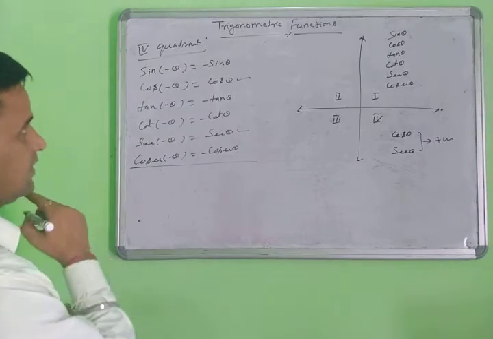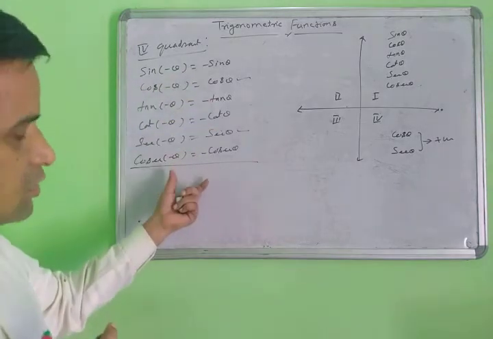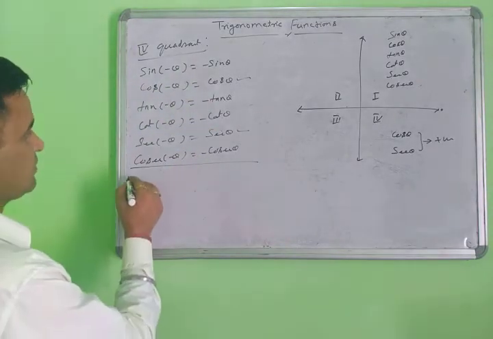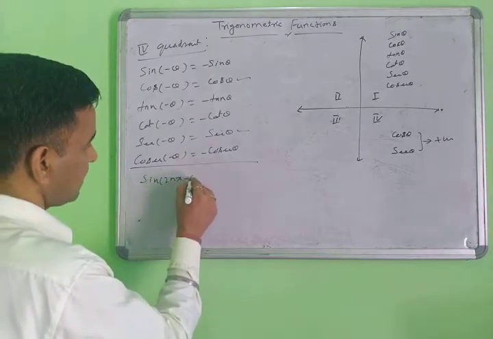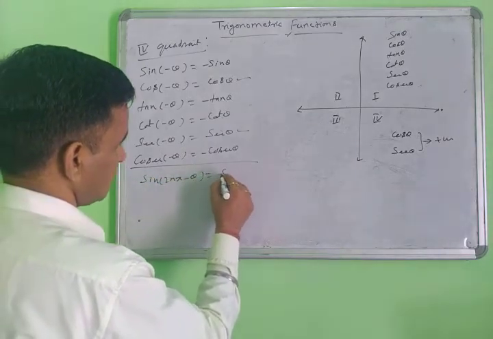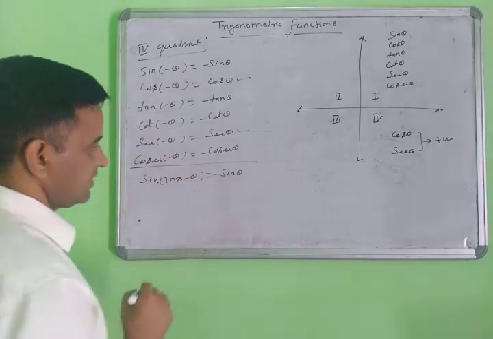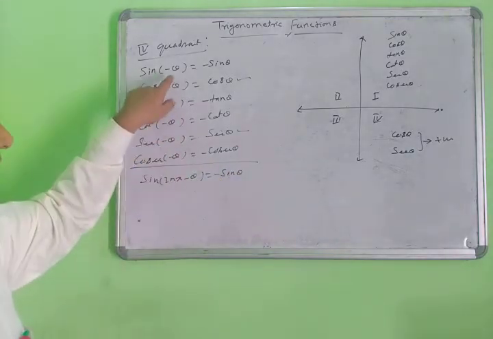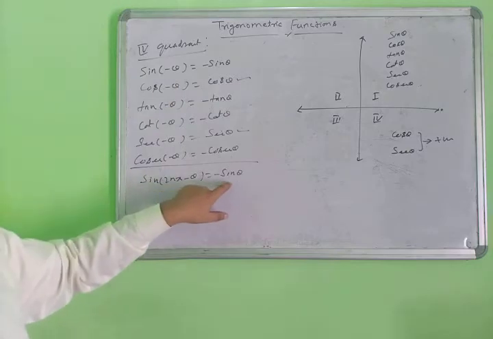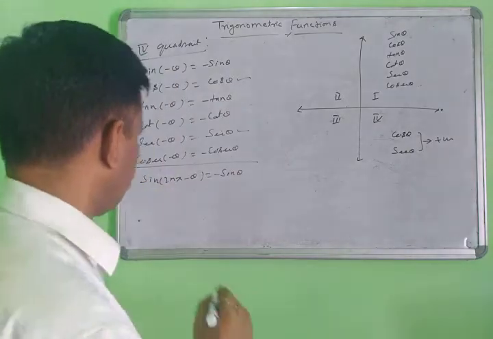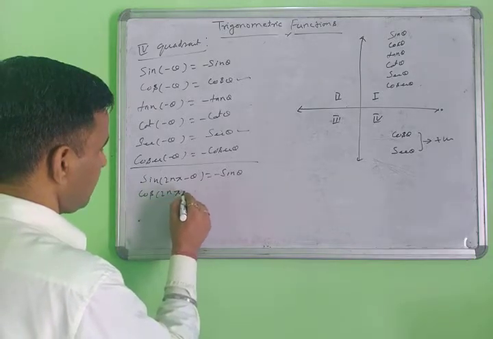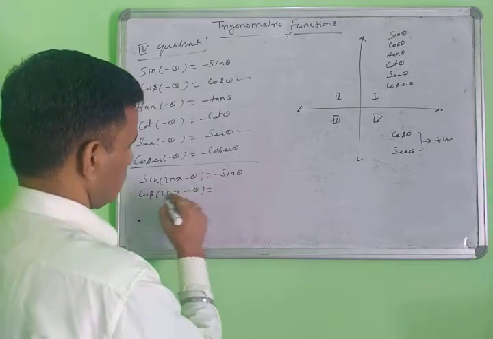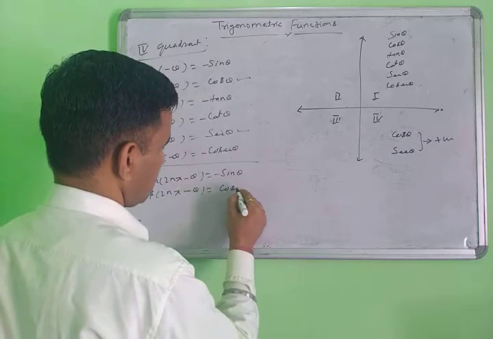This is also a fourth quadrant identity. Now look here, first, sin of 2n pi minus theta is minus sin theta. When you write minus theta or 2n pi minus theta, it is the same thing. Second, cos of 2n pi minus theta equal to cos theta.